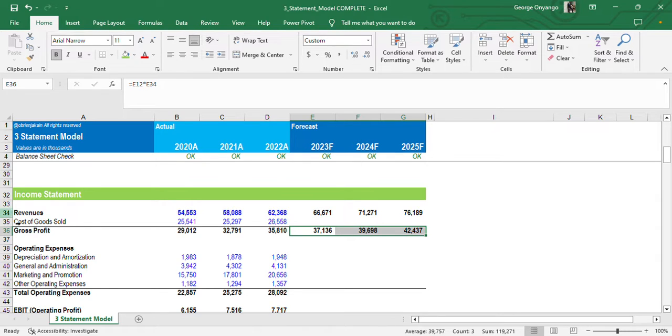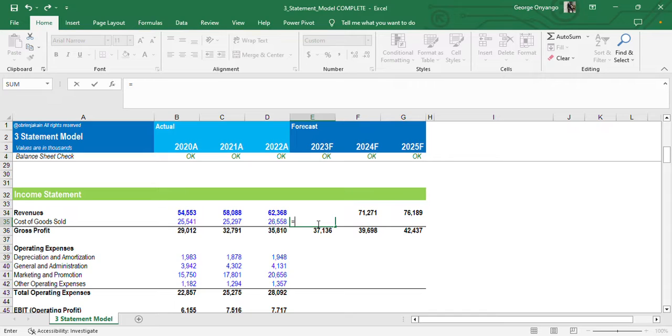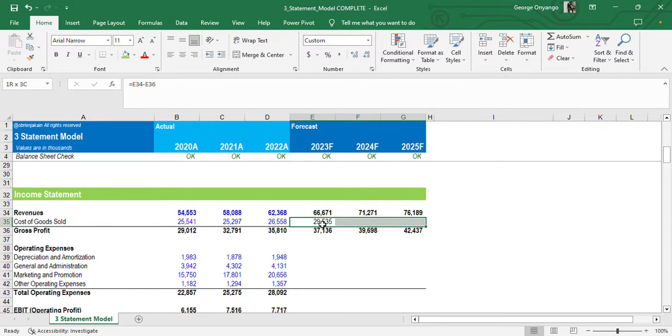For us to get the cost of goods sold, this is going to be just E34 minus the gross profit for you to get the cost of goods sold. We are going to fill that right. So the first part of the income statement is done.